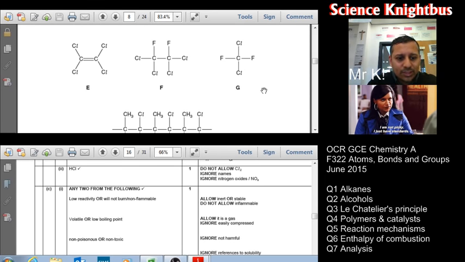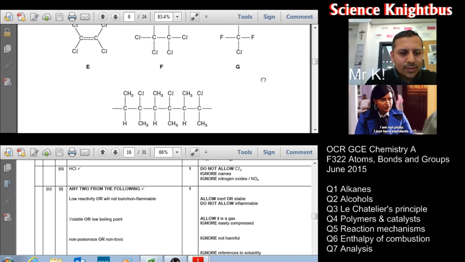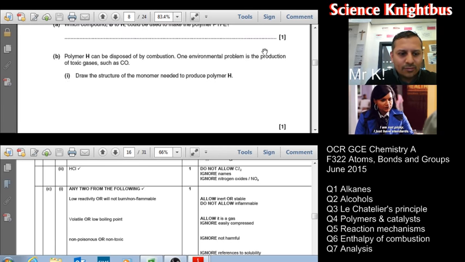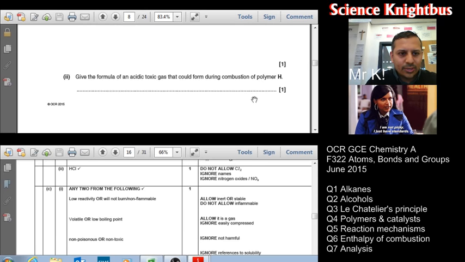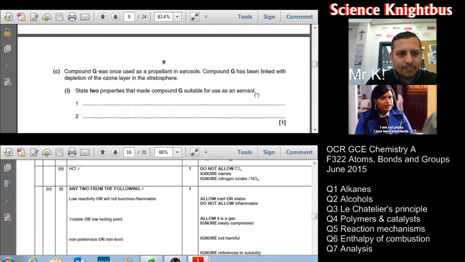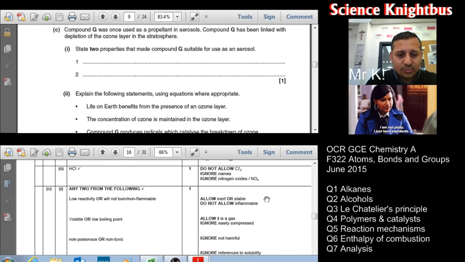That means it would be volatile, it would have a low boiling point, not very reactive, because of all of those halogens, you've got fluorine, that CF bond is extremely strong, that CCl bond very, very stable, so it wouldn't really react with very much. Low reactivity, volatile is absolutely fine, low boiling point instead of volatility, non-poisonous, non-toxic, okay.